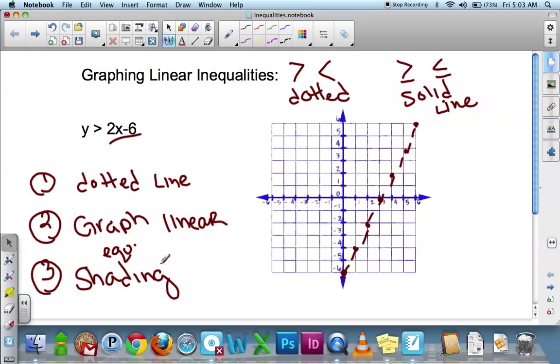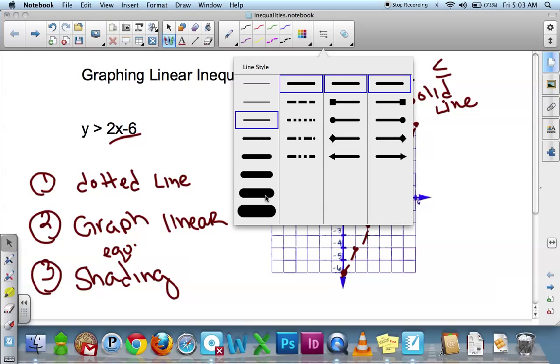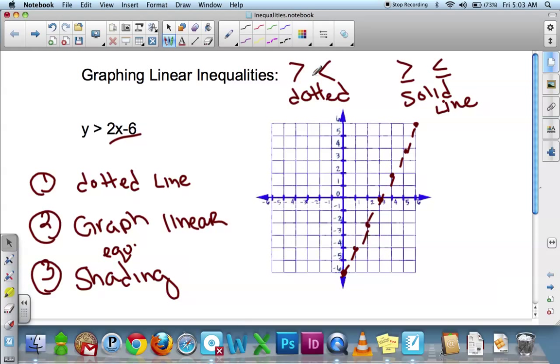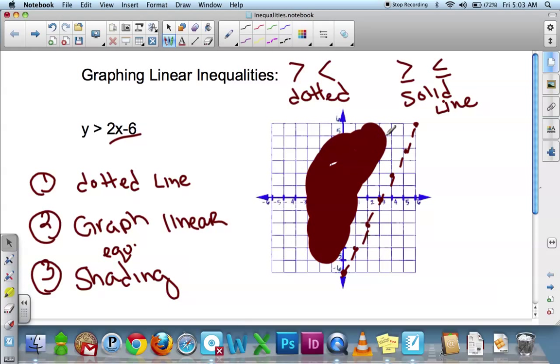Now, the shading works like this. I'm just going to do this a little bit thicker. If you're going to shade, and if this says y is greater than, that means that all of my solutions are going to be more than above that line. This side is above, okay, that's why it gets shaded.